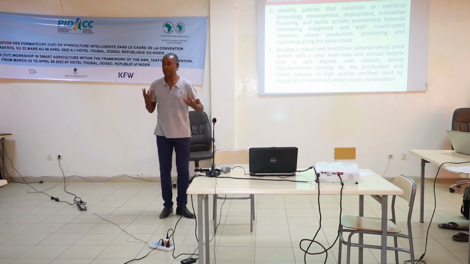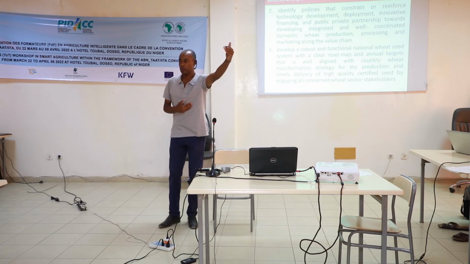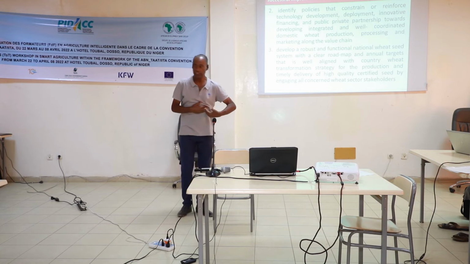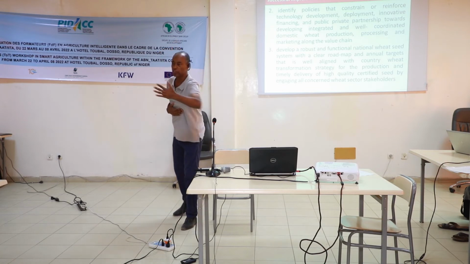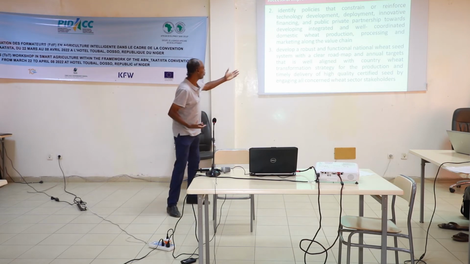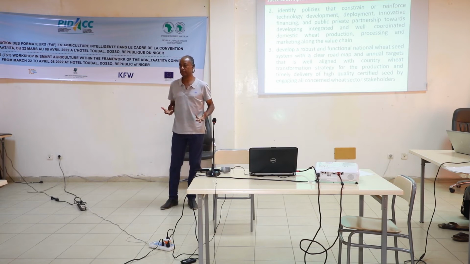And the third is very important. We develop a clear vision and roadmap. Where do you want to reach in Niger from this year in the coming 4 years? Where do we want to reach? And we develop a clear roadmap with annual targets, a strategy which all stakeholders will work together.